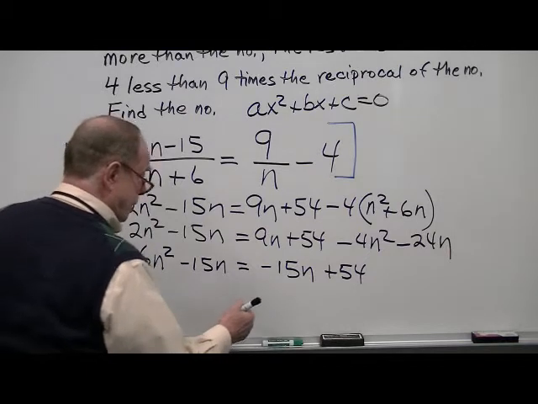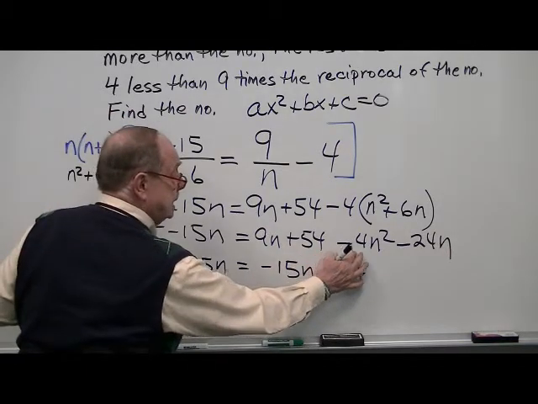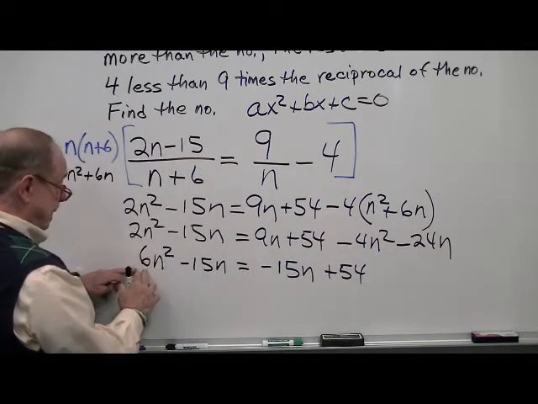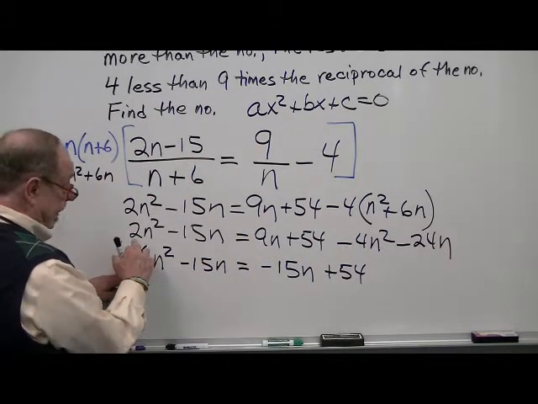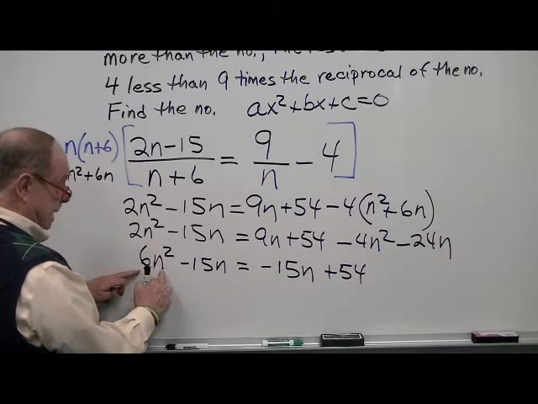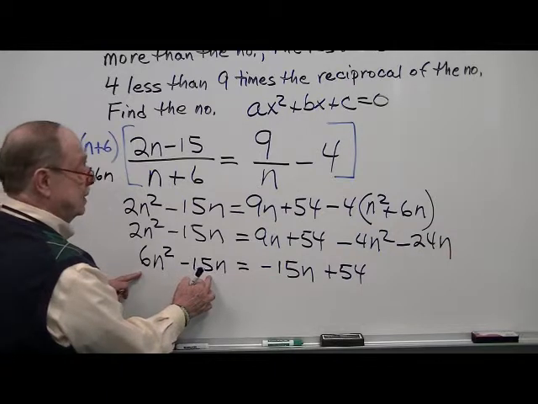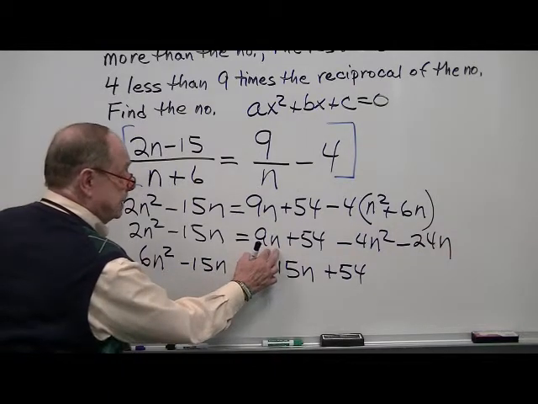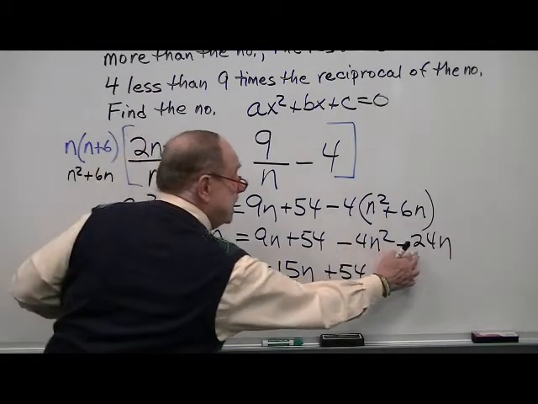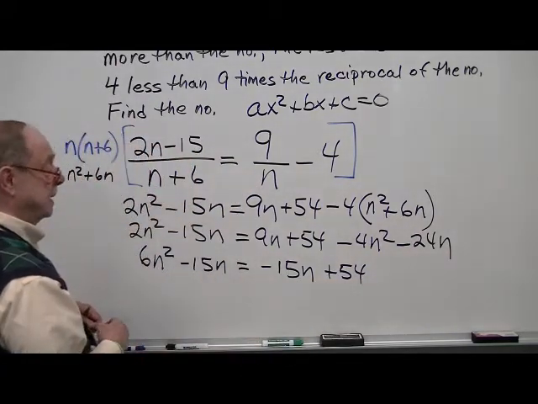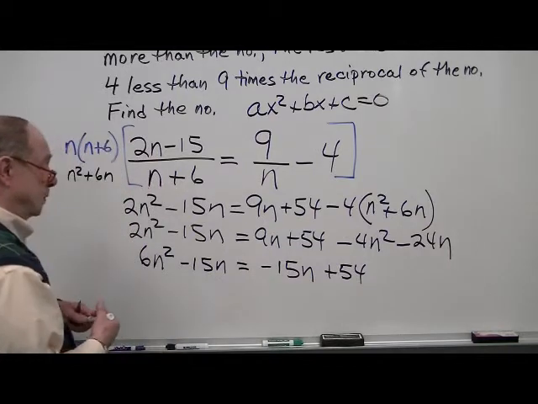Okay, so I brought my negative 4n squared over to the other side and got a positive 4n squared, which became a 6n squared. I kept that there. I added a positive 9n and a negative 24n and got a negative 15n. And then there's just my 54.